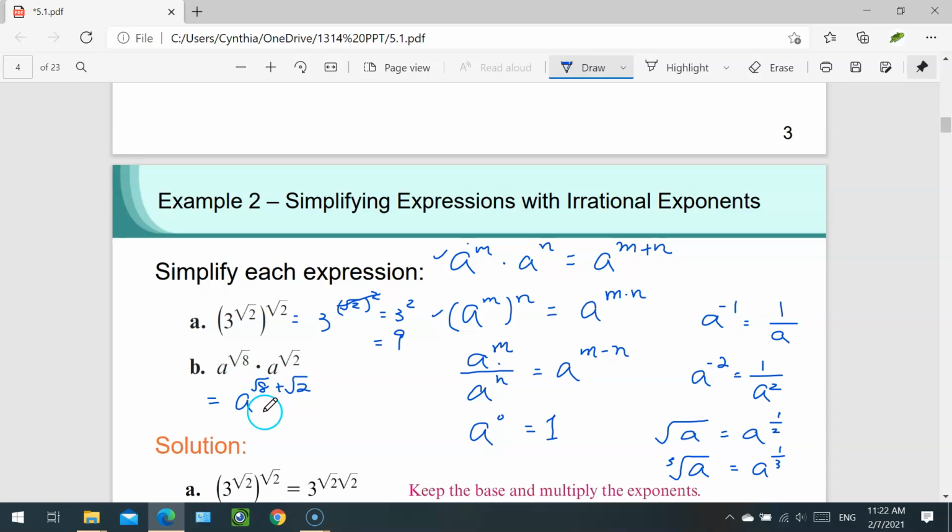Now, root a is equivalent to root 4 multiplied by root 2 plus another root 2. Root 4 is the integer 2. So you have 2 root 2 plus 1 root 2. You combine those two, and it turns to 3 root 2 on your power.